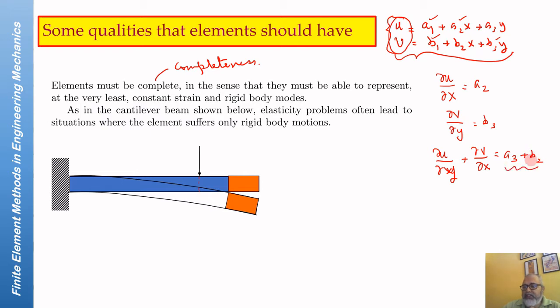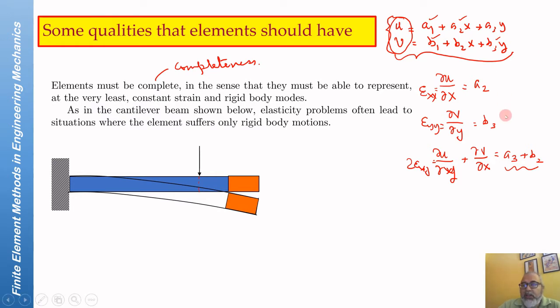So these three strains, this is epsilon xx, this is yy, and this is 2 epsilon xy. These three strains are constants within the element, so the constant strain state is actually satisfied, and it's called a constant strain triangle.